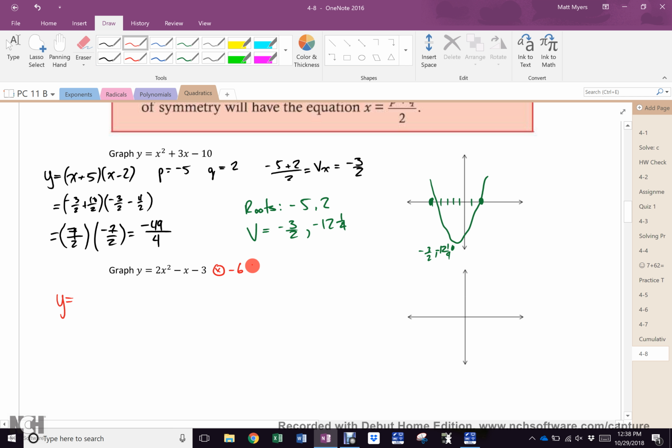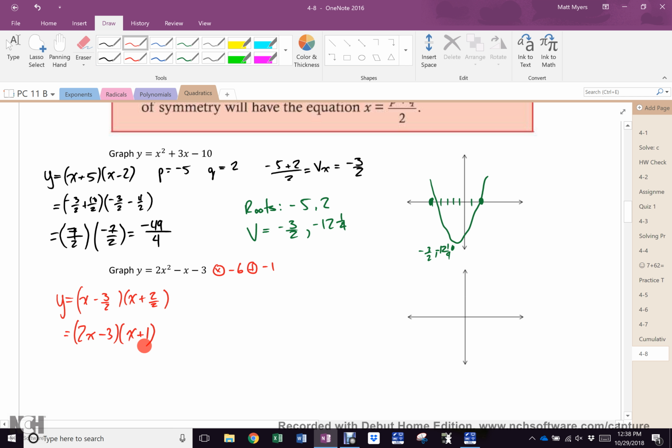I need to multiply to negative 6 and add to negative 1. So it's minus 3 plus 2, right? So it's x minus 3 over 2 and x plus 2 over 2, right? Then I tidy it up. 2x minus 3 and x plus 1. Now I'm in factored form, yeah?